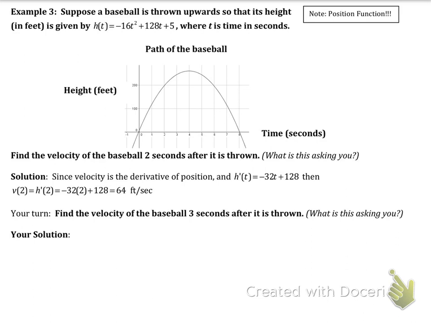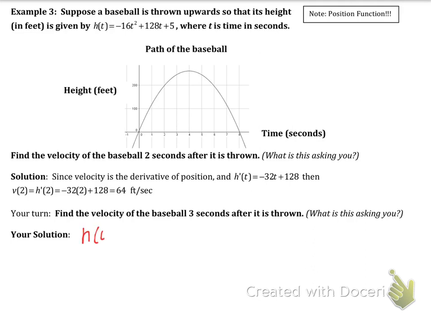Find the velocity of a baseball 3 seconds after it's thrown. All right, so very similar question. So once again, what's it asking for? The first derivative. It's the same function, so we don't need to do the derivative again, but I will rewrite it for you just to be clear.